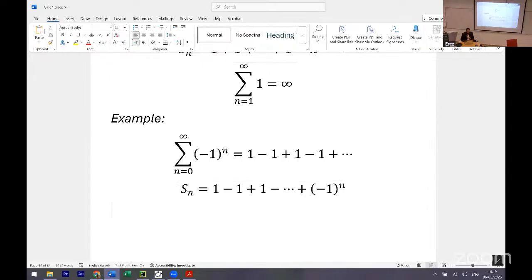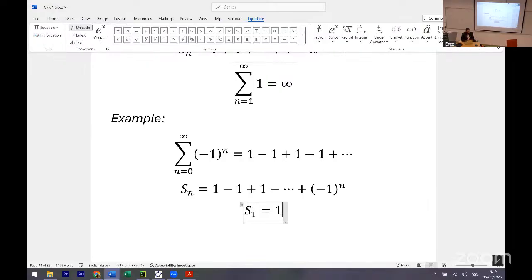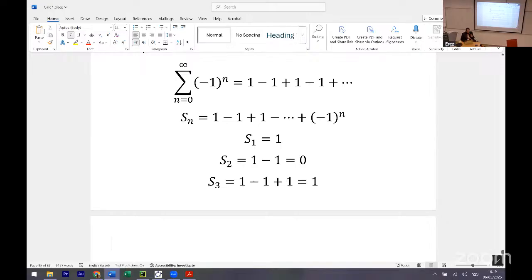Why? S_1 is simply 1. S_2 is 1 minus 1, which is 0. S_3 is 1 minus 1 plus 1, which is 1 again. So it's 1, 0, 1, 0, 1, 0, 1. And what can you say about the limit of that sequence? It doesn't have a limit.